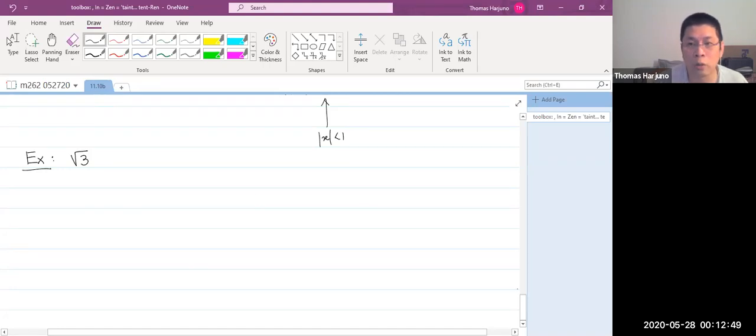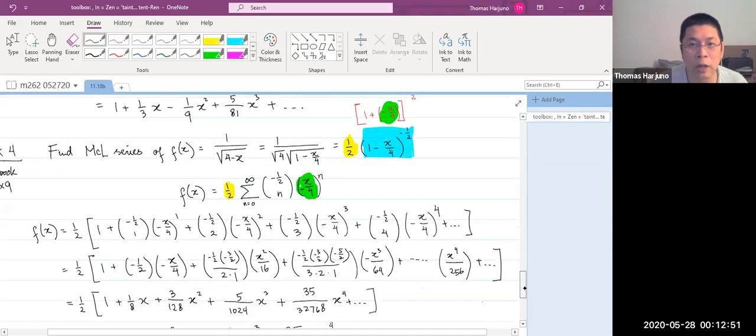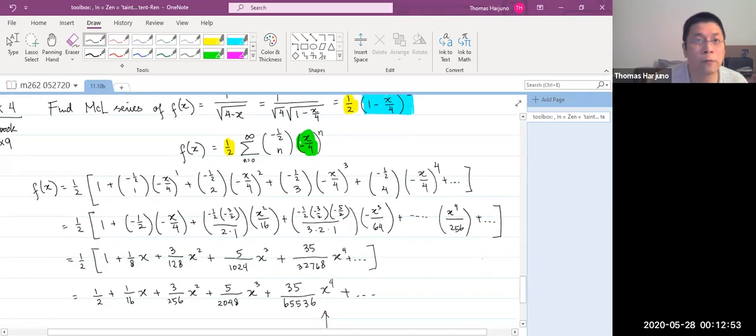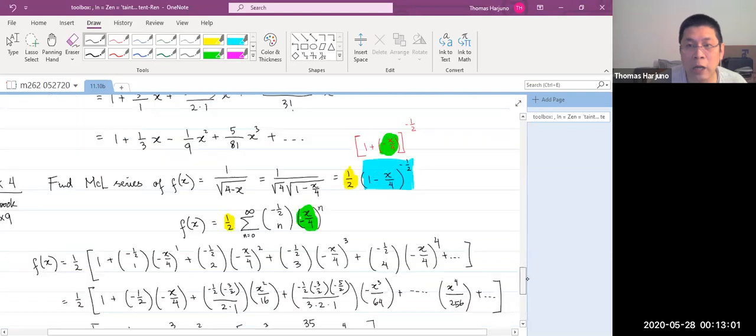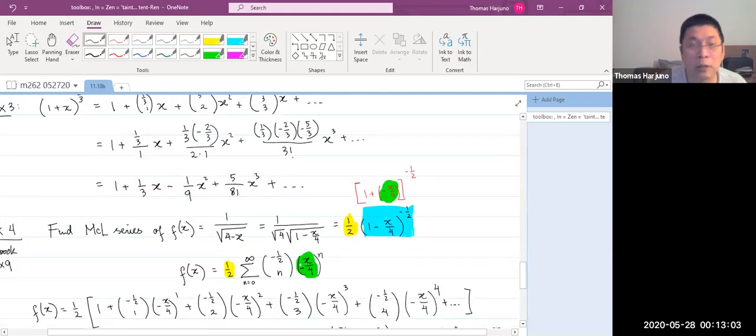Hold on. What is the radius of convergence here? I think I said it wrong. The radius of convergence is actually 4. So it's 4 because I replace this guy, right?